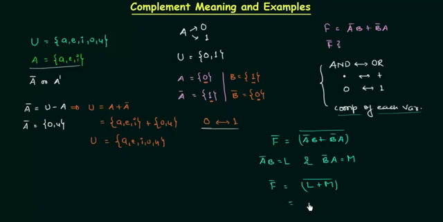So L is going to be L complement. This plus we have to replace with dot. This represents we are converting OR to AND, and this M will now be written as M complement. If you have A, replace it with A complement, and if you have A complement, replace it with A. This is what we have to do in this last point, and we have already done this. L is now written as L complement, M is now written as M complement.